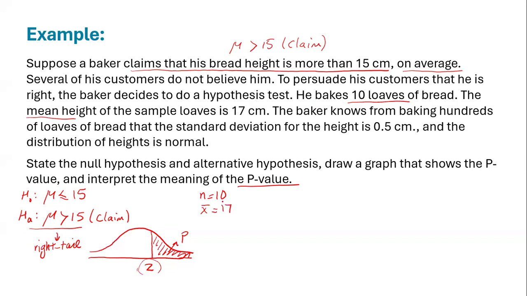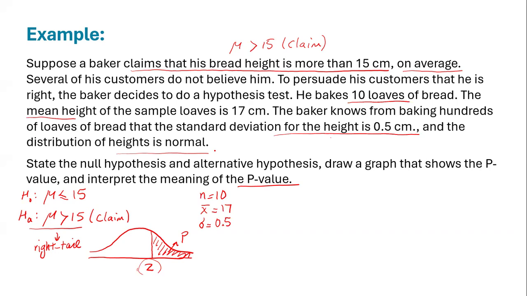And since he knows from baking hundreds of loaves in the past, the standard deviation is the standard deviation of the population. Don't forget that we need to check the requirements. The sample must be random, which it is. The population must be normally distributed, which it mentioned.